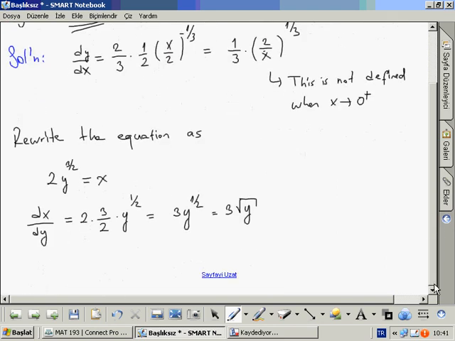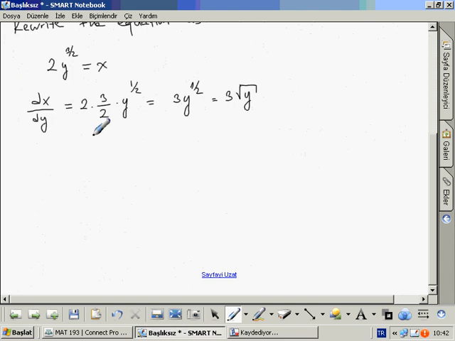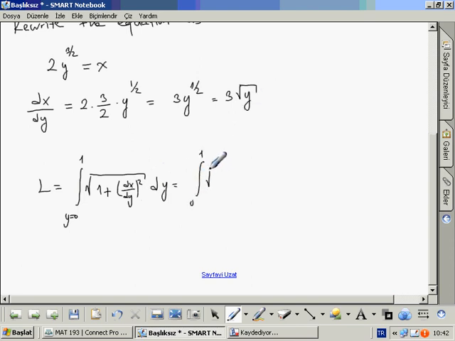When you put these values you will obtain this boundary level, and so L, which is the curve length, equals the integral from y equals 0 to 1 of the square root of 1 plus (del x over del y) squared del y, which equals the integral from 0 to 1 of the square root of 1 plus 9y del y.